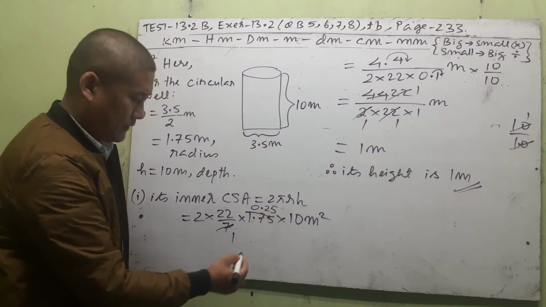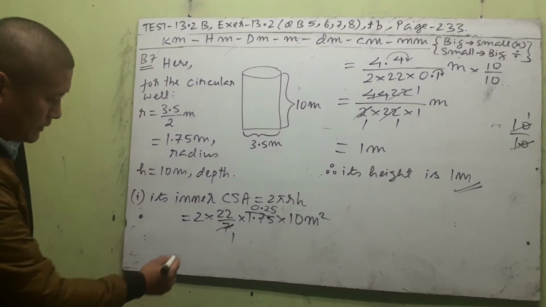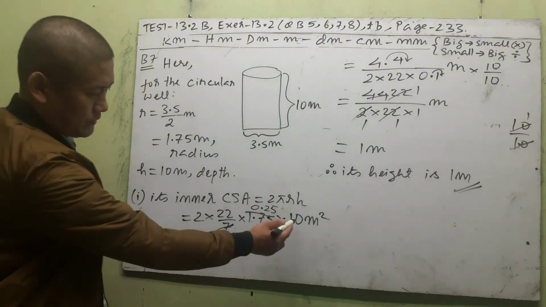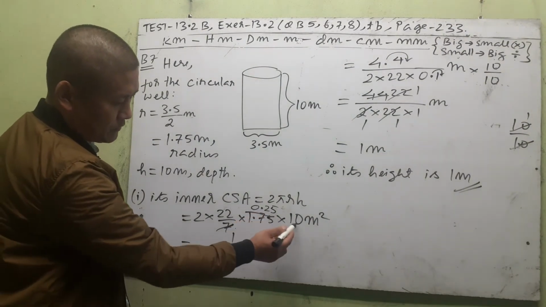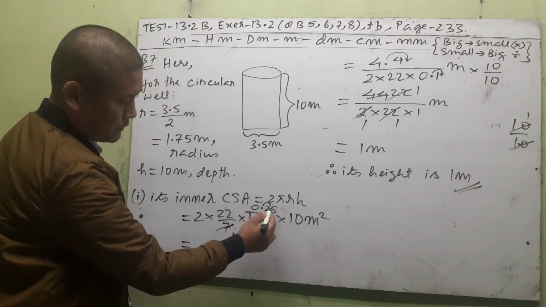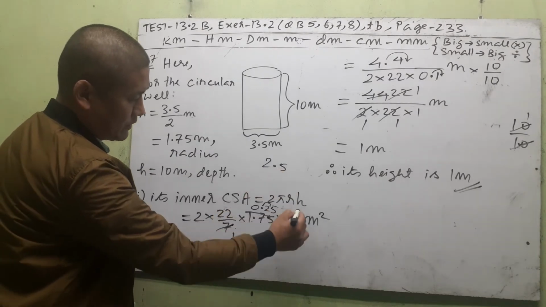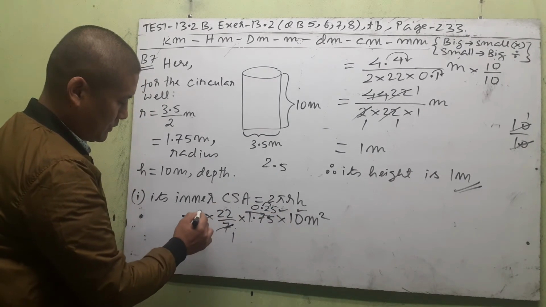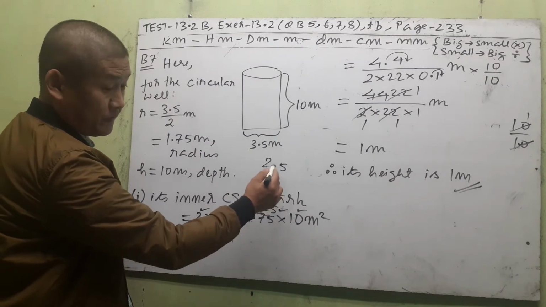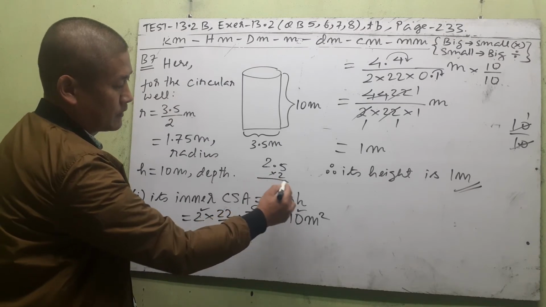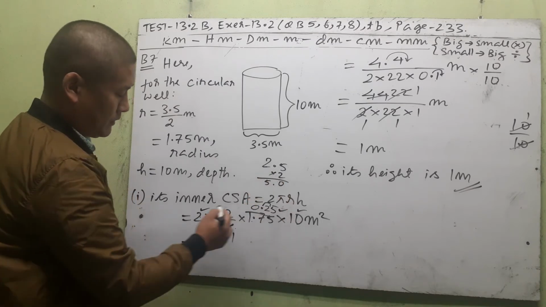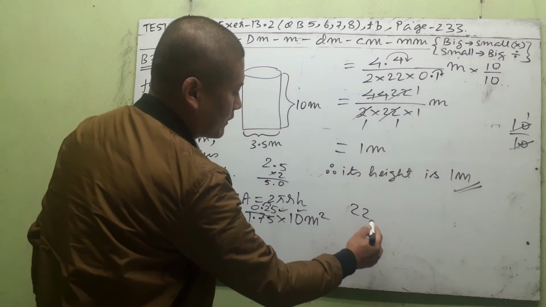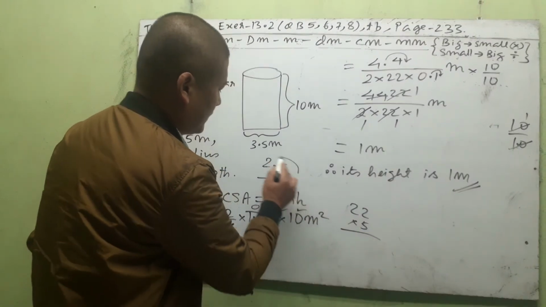7 5s are 35. Now I see here, you can use this 0 to move this decimal, because multiplying by 0 means the decimal moves right. Between 2 and 5, it means 2.5, it becomes this 2. And 2.5 multiplied by 2 here will become 5. Then 5 multiplied by 22 is the answer.